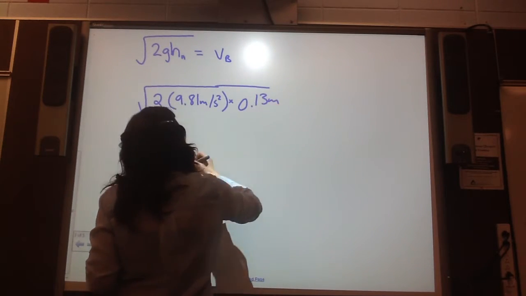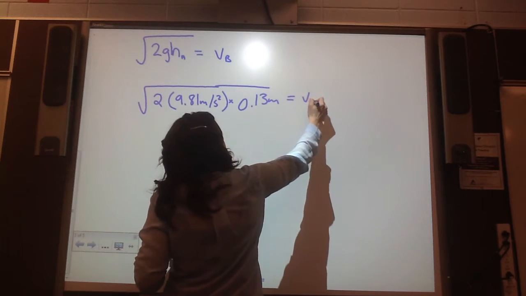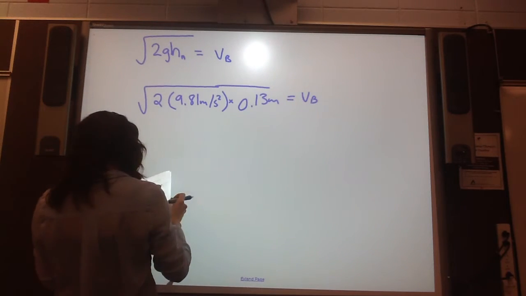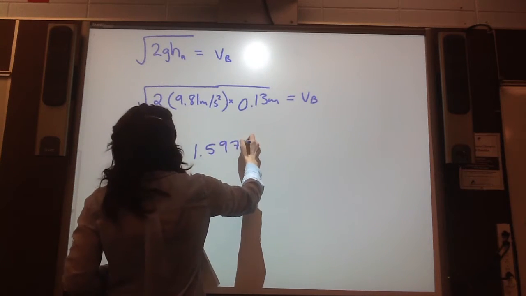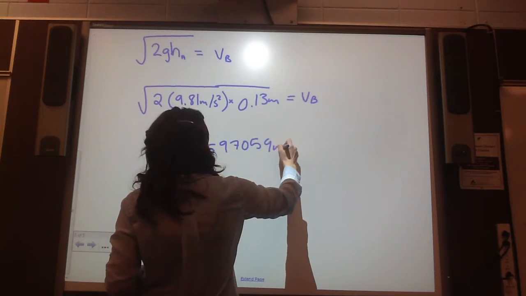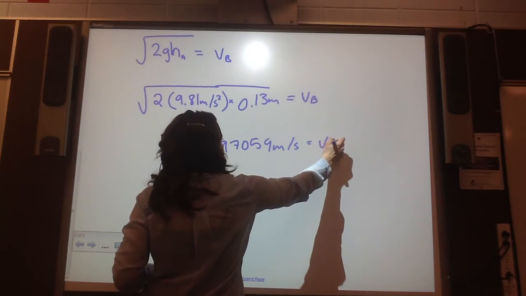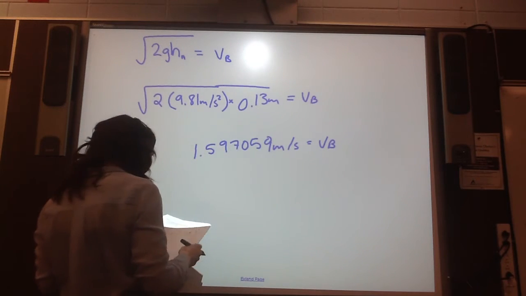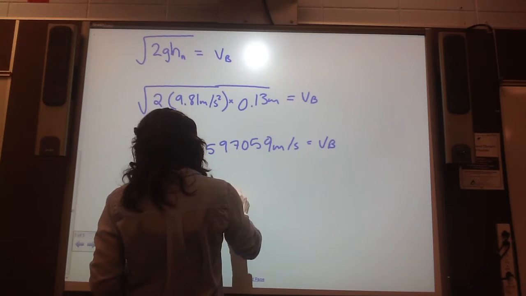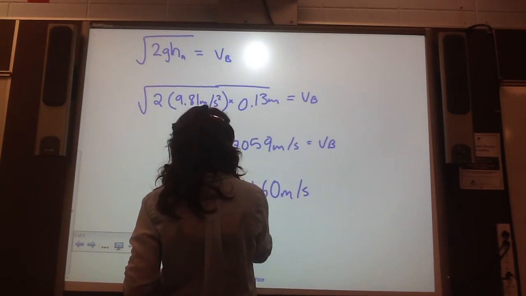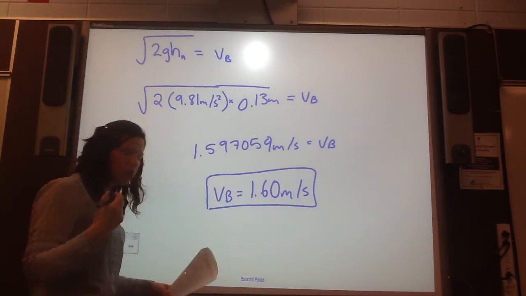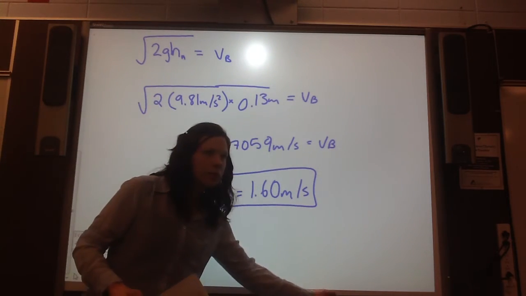So when you put that in, 1.597059 meters per second is equal to vB. So then vB is equal to 1.60 meters per second. And it's just speed, so no direction is needed.